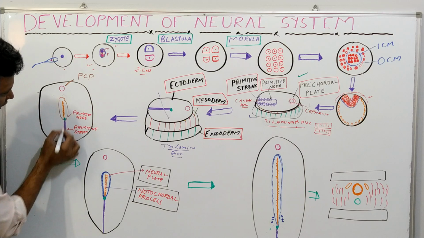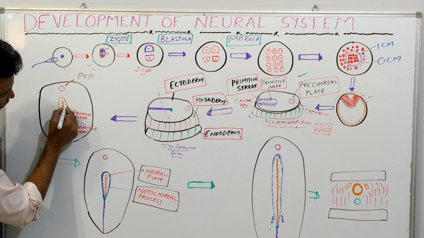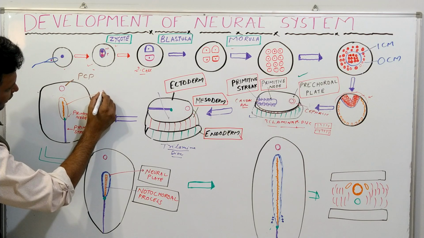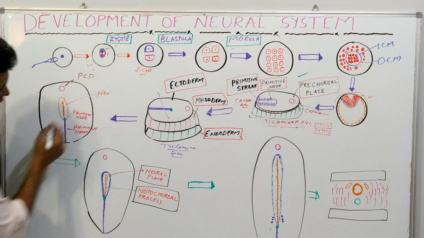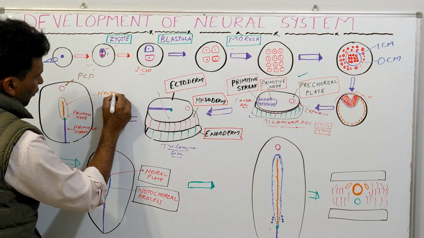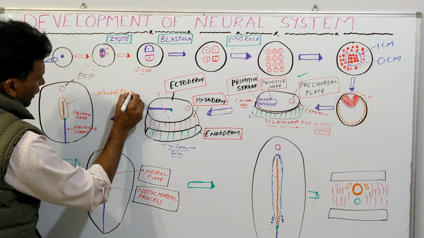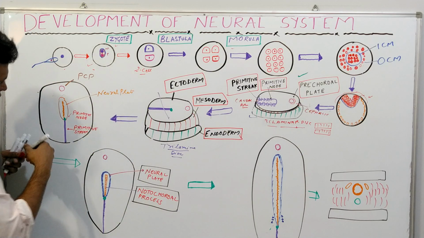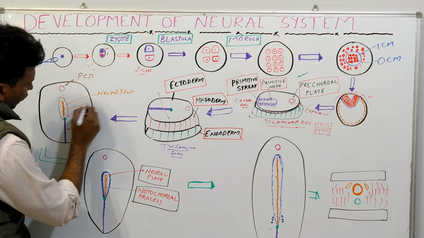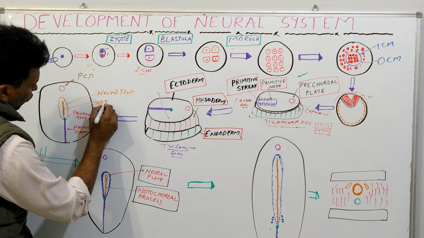This is the anterior pore and this is the posterior pore, and this is called your neural plate. Here this is called your notochord.